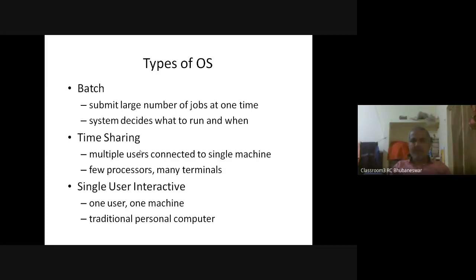Earlier, one file, one job would go, be stored in the primary memory, then executed, then the second one. In a multi-programming environment, at a time more than one file, more than one job, 2, 3, 4, 5 jobs are transferred from the secondary memory to primary memory at a particular moment. Then the processor takes one by one and executes.